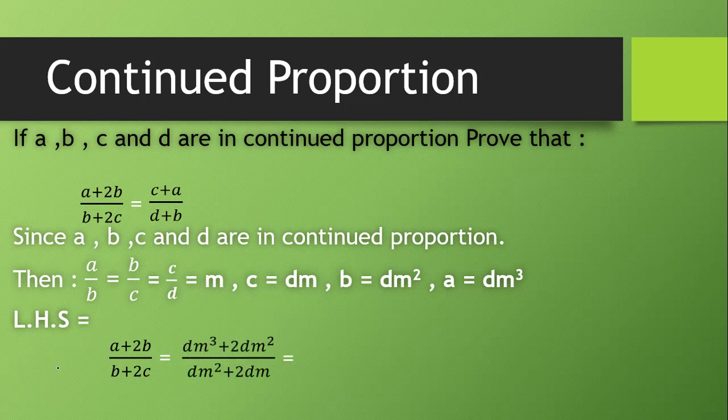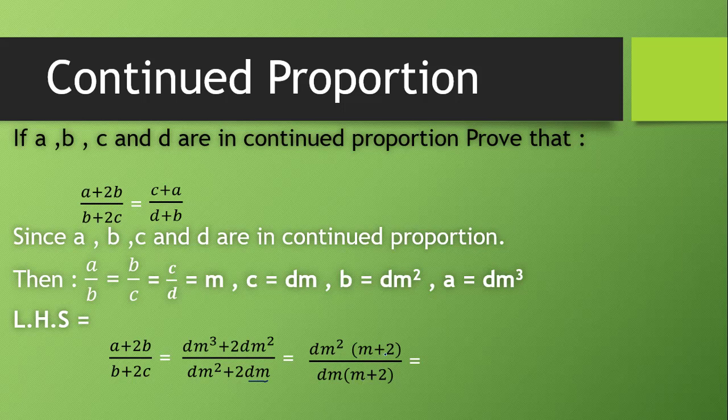Okay, now I have a common factor in the numerator, which is dm power 2, so I'll take it as a common factor. In the denominator I have dm, also I'll take it as a common factor. So in the numerator, the remainder after dividing will be m plus 2, and in the denominator, dividing both terms by dm, it will be m plus 2.